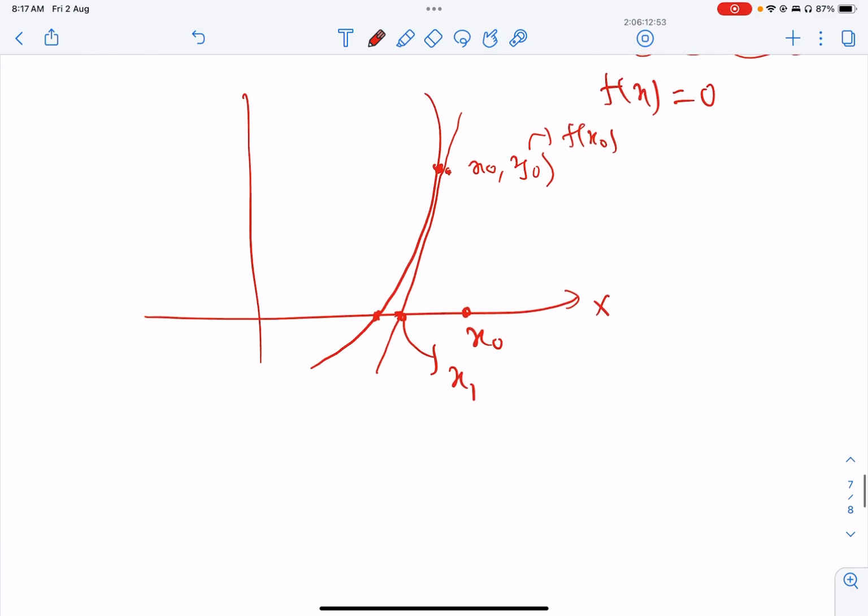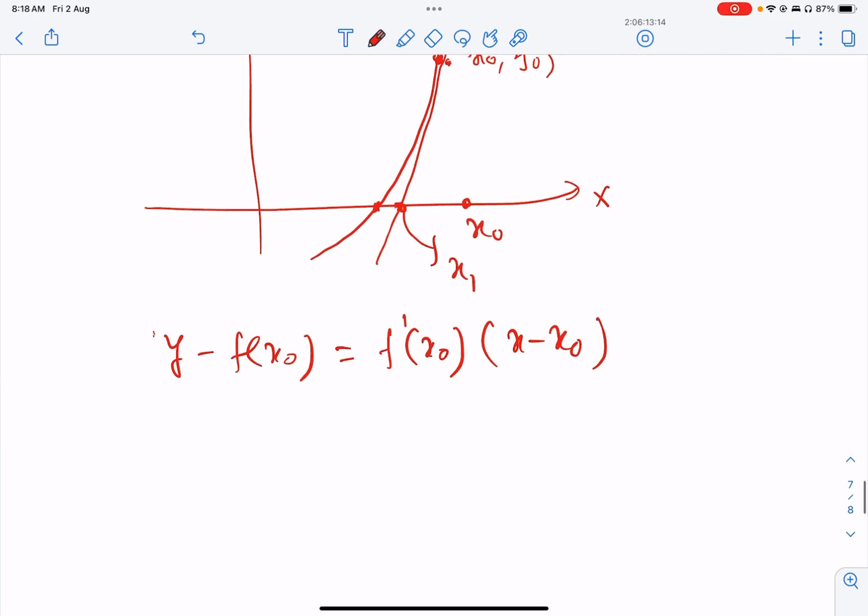Now we know how to find out the equation of tangent. From 12th standard we know y minus y0, that is f of x0, equal to slope, and slope here is f dash x0, derivative, into x minus x0.